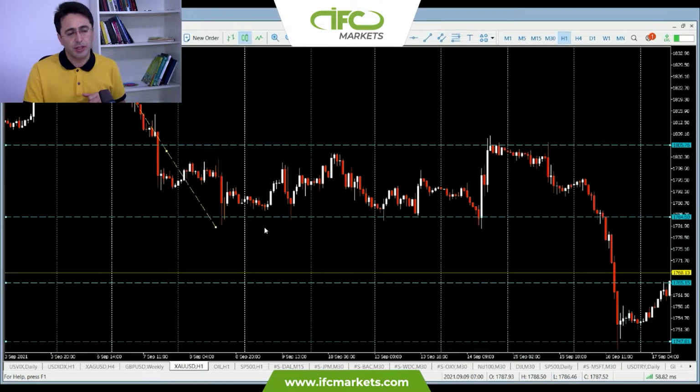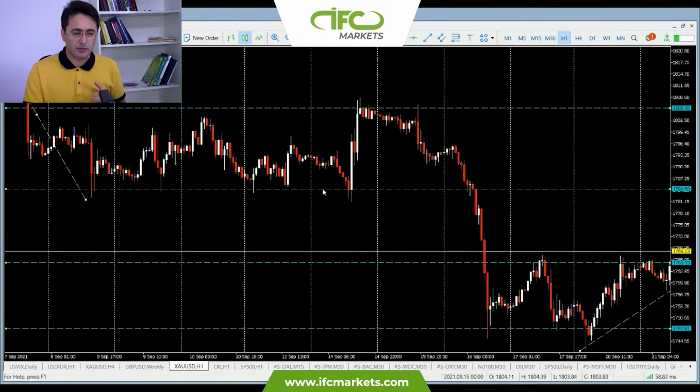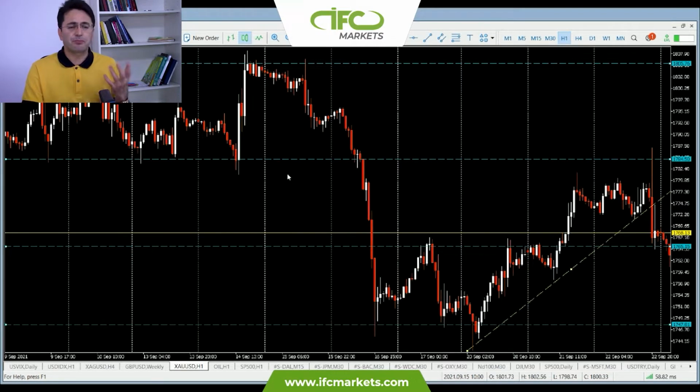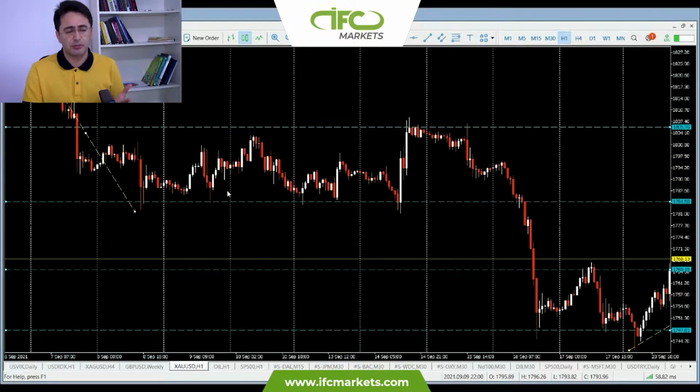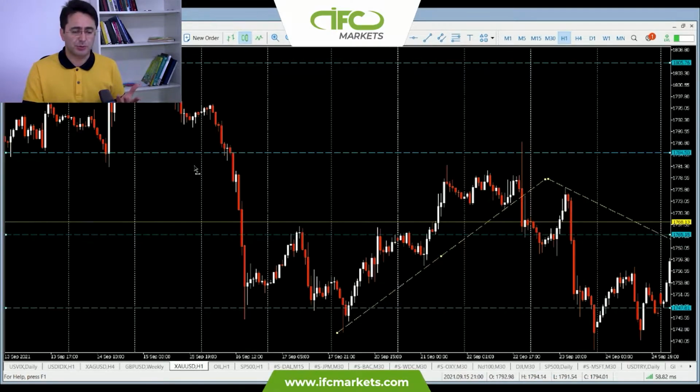In a correction, can we ignore this level and increase more? No. But can we breach this support level and fall more? Yes. So if we breach the lower level and keep going, it can be a continuing pattern.